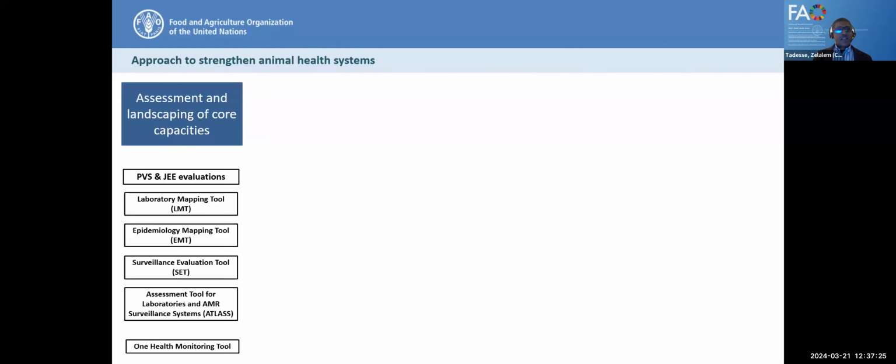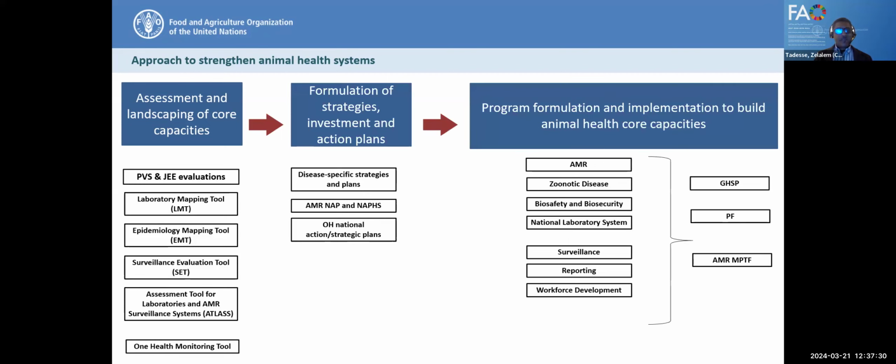Now, what is FAO's approach to strategize and help strengthen core capacities of the animal health sector? As you know, first, we support assessments and landscaping of core animal health capacities through participating in various standardized capacity evaluations, such as PVS and JEE evaluations, as well as other sector-specific assessments and evaluations, including multi-sectoral evaluation tools such as GRA.